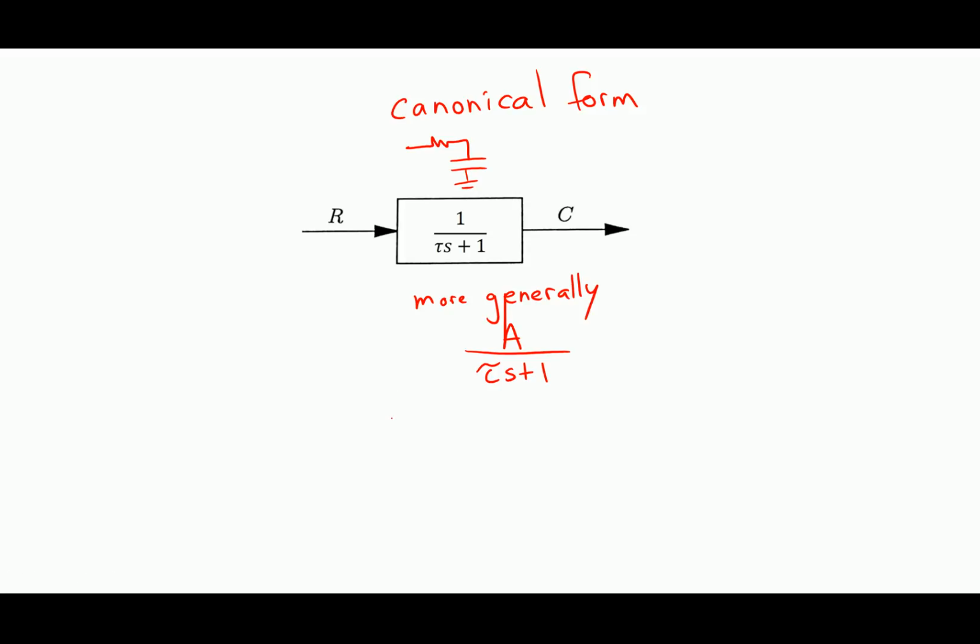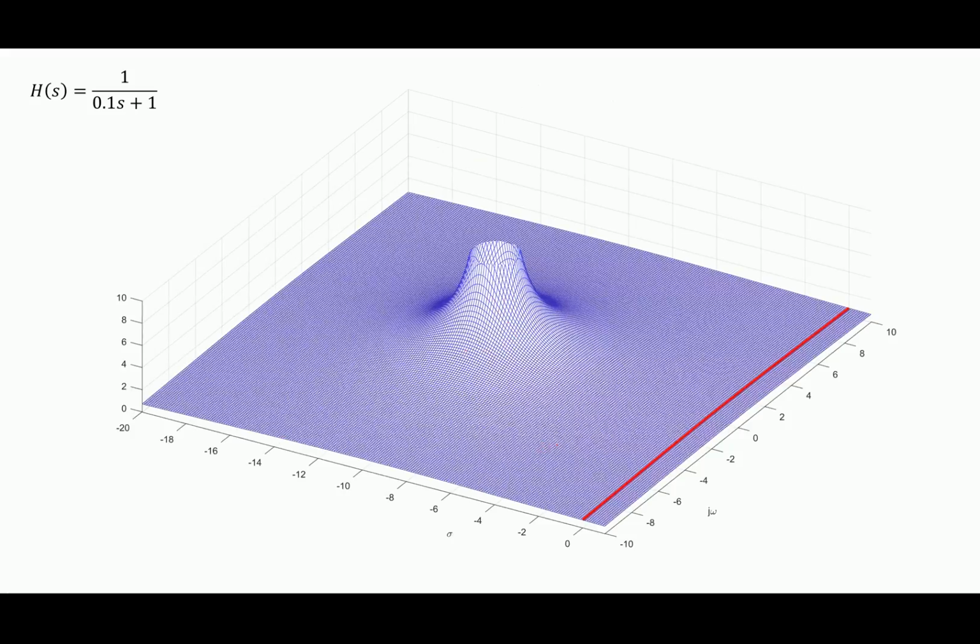One thing I could do is look at the differential equation. And what I would find for that differential equation is my input r of t is equal to my output c of t plus tau times the rate of change of c.